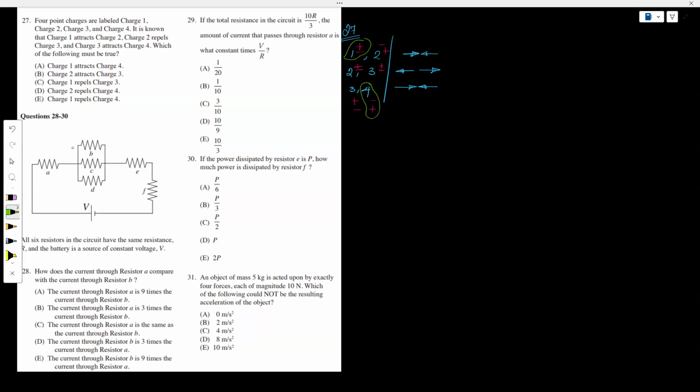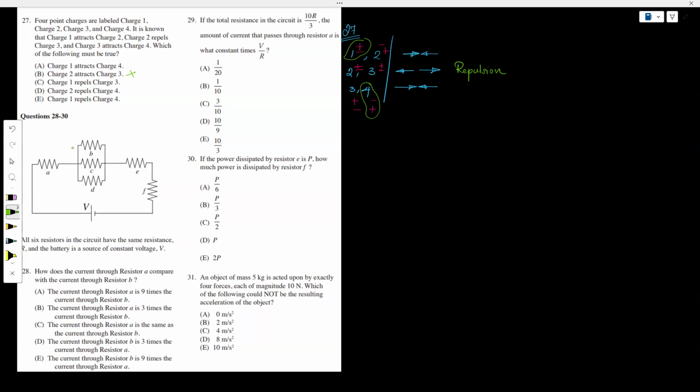So it is also going to attract because they are opposite, right? Let's go over the other answers as well. Charge 2 attracts charge 3. That will never happen because it is repulsion. It is given in the question itself. So this is not going to happen. Charge 1 repels charge 3. Let's go over all the answers. Charge 2 repels charge 4.